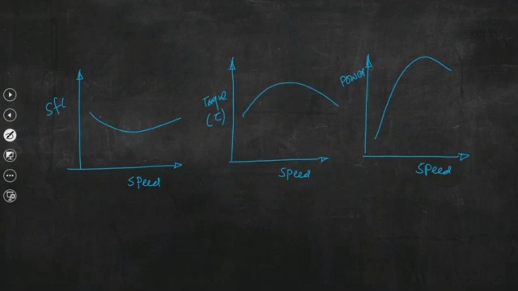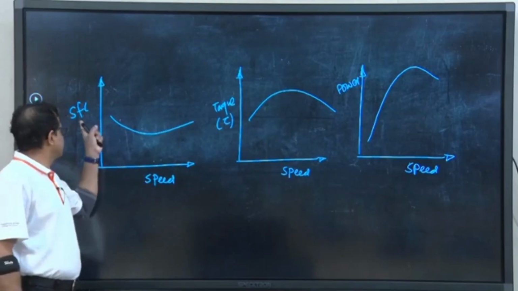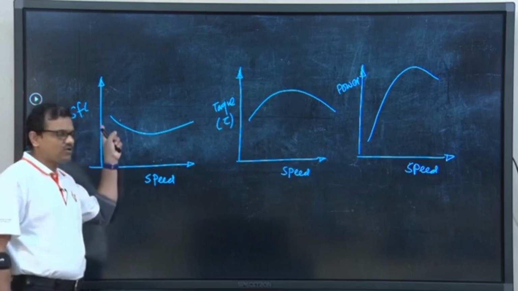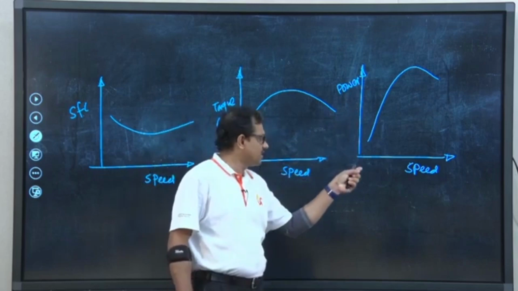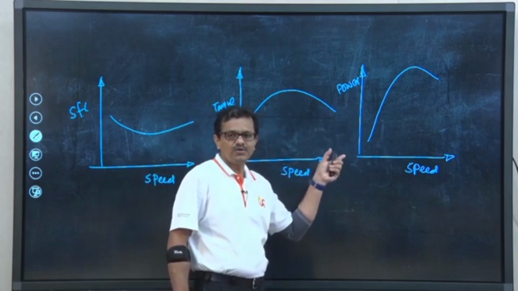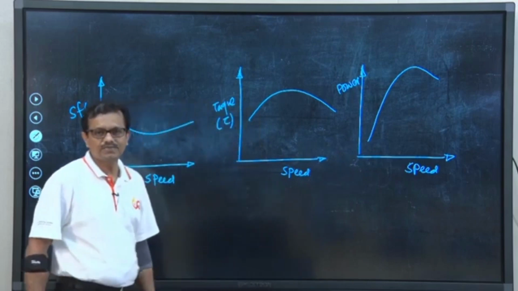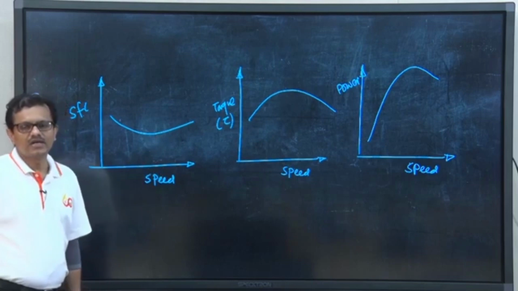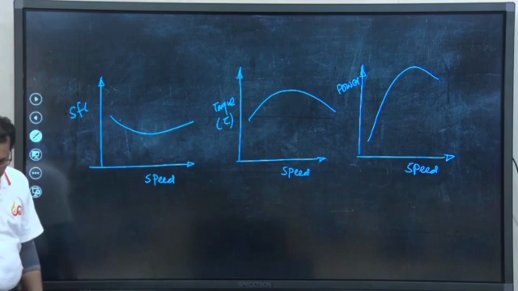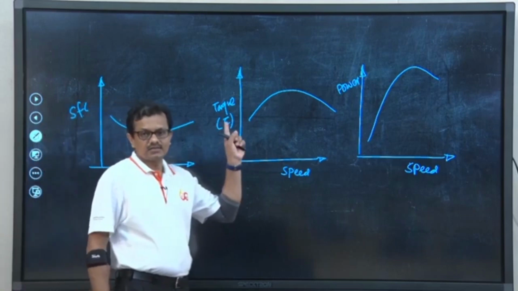Okay. So, we could establish the expression of speed, specific fuel consumption, torque and power, and if we try to plot these three quantities with a change in engine speed, the variations will look like this. So, the issue is why the variations are like this.